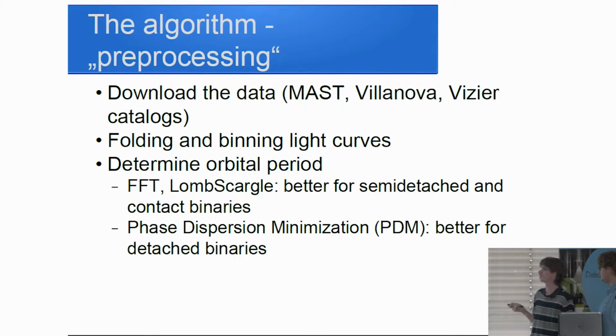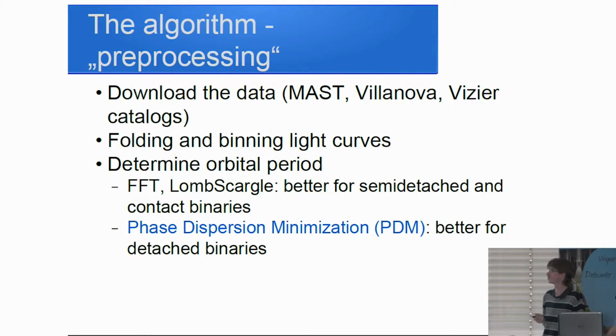These two are better for semi-detached and contact binaries because of the sinusoidal form of the light curve. But we have another method, the phase dispersion minimization (PDM) method, which is better for detached binaries and ground-based observations also.